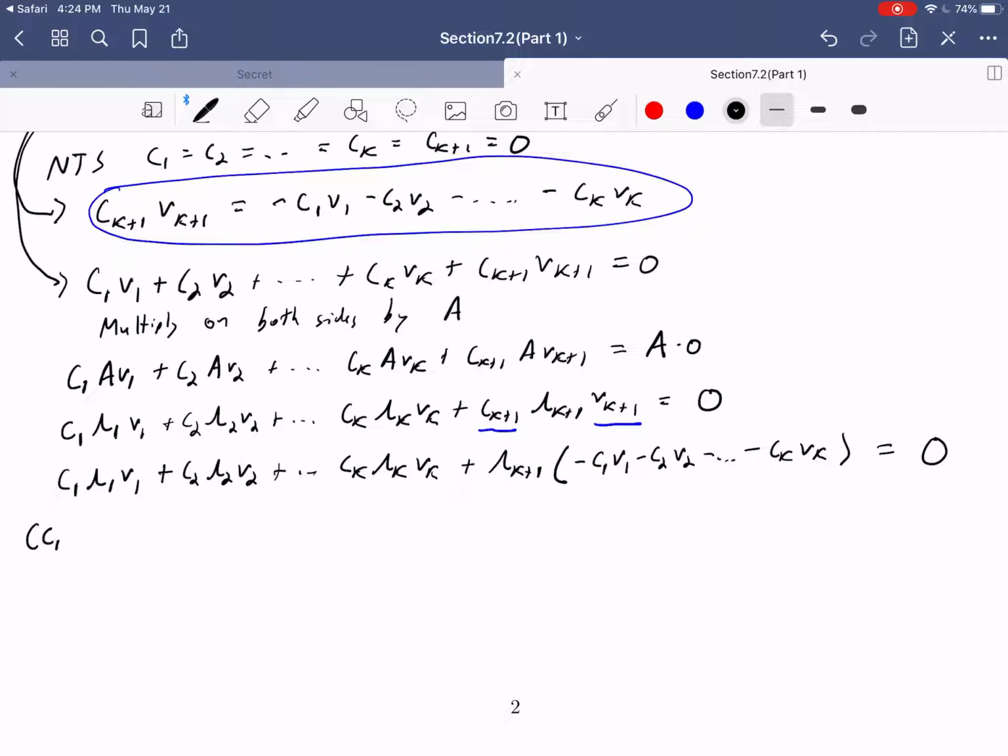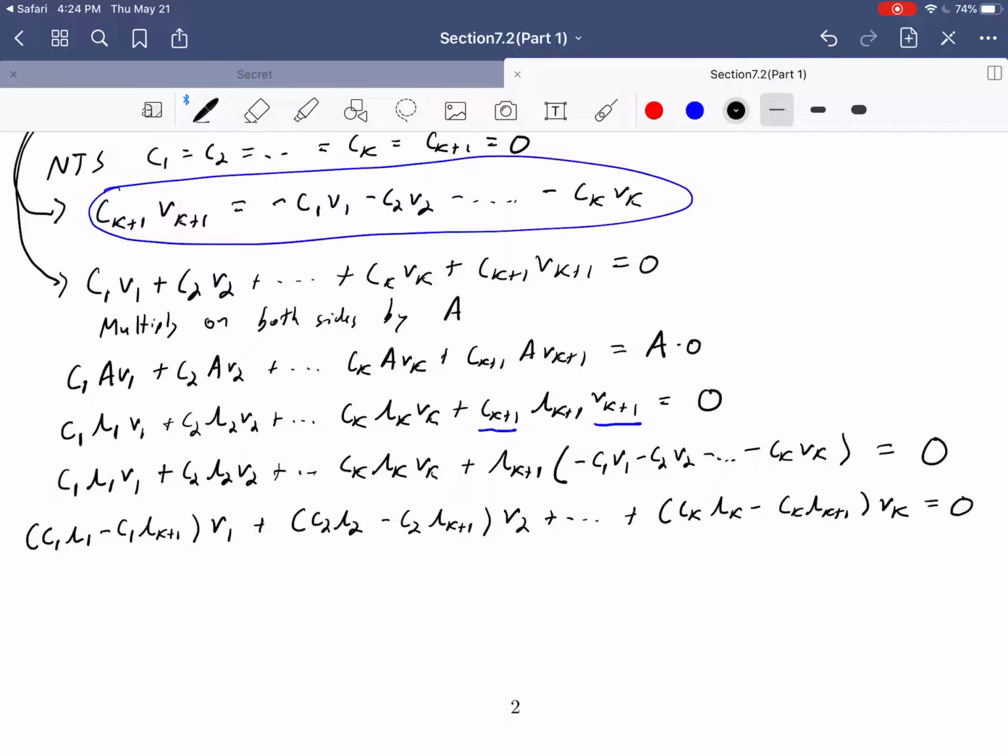So we get c1 lambda 1 minus c1 lambda k plus 1 times v1, plus c2 lambda 2 on v2, and then minus c2 lambda k plus 1, so minus c2 lambda k plus 1 times v2, plus ... the last one, ck lambda k minus ck lambda k plus 1, times vk, equals 0.